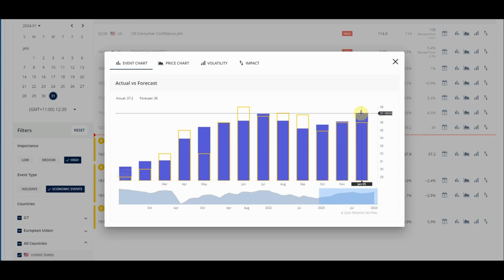So what I'll be looking for in the actual announcement is questioning what the data has returned. Is it higher than the forecasted amount, which we saw is 37.8? And each of these have increased, so we're always going up compared to the previous, so that's in line with what we'd expect. If we got a higher actual, so let's say the forecast is up here, the actual would have to be even higher.